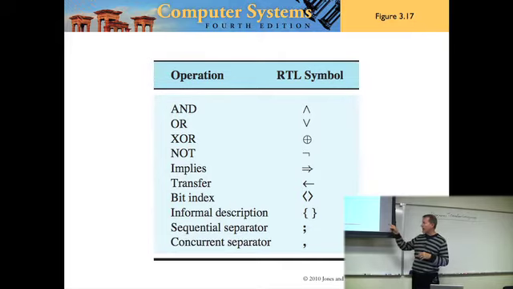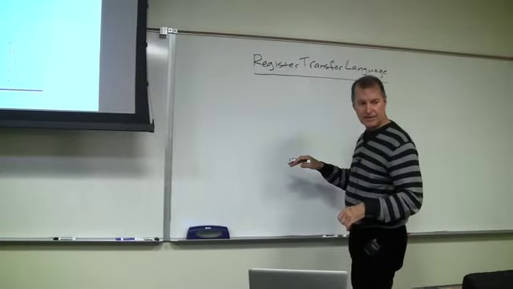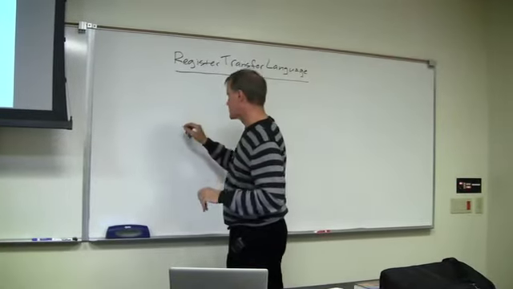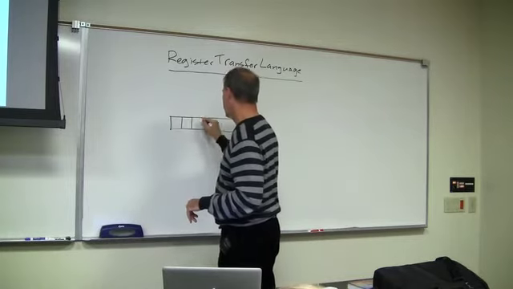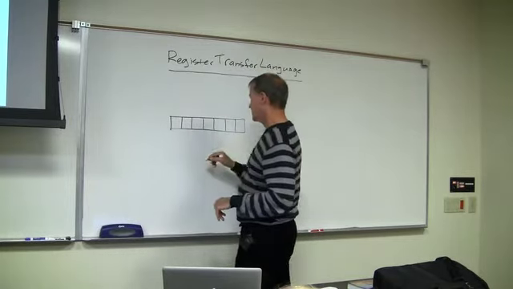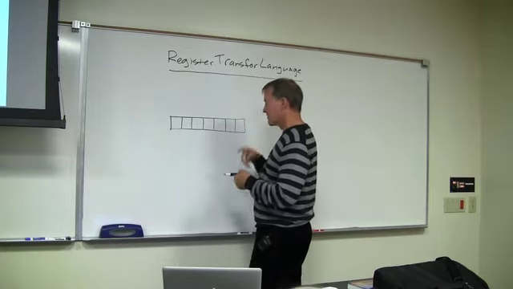And then the angle brackets, that's the bit index. So the bits in a cell are specified, a particular bit in a cell is specified by the angle brackets. So let's suppose that we have a cell like this. This is 1, 2, 3, 4, 5, 6, a 7-bit cell.